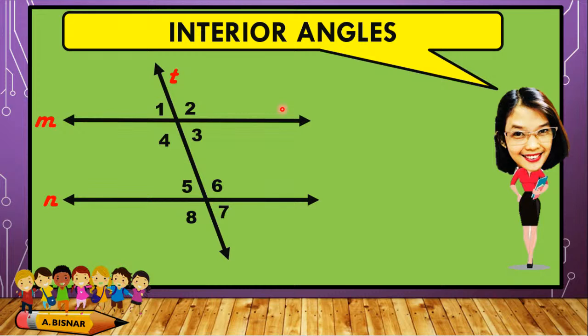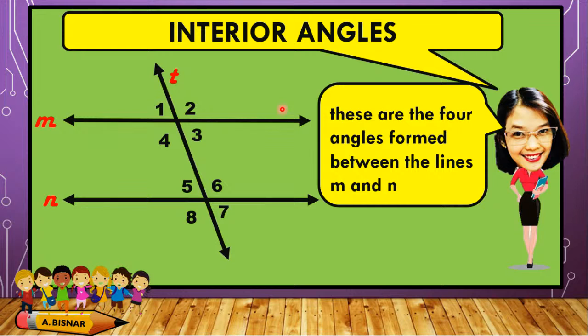Now, let's try to find out if your idea about interior angles are correct. Let's read its definition. These are the four angles. So there are 4 angles formed between the lines M and N. So from the definition, your answers are all correct.